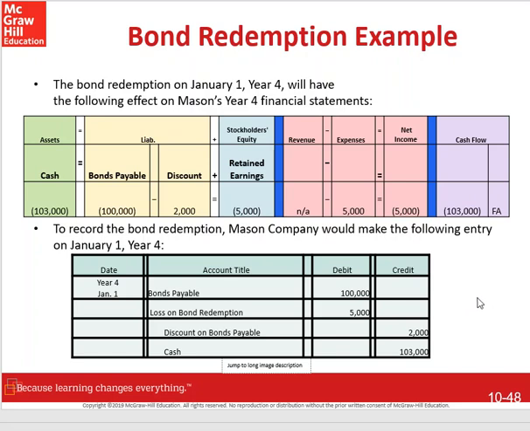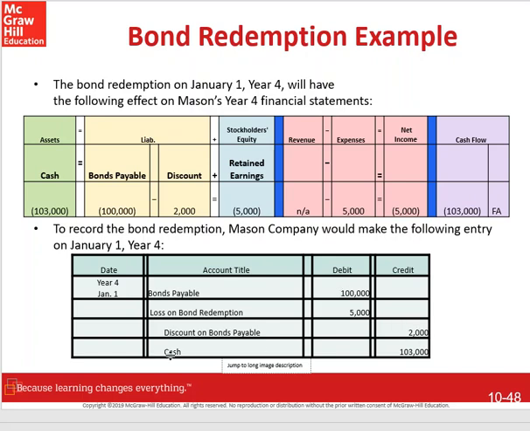Okay, so what do we get? Nothing. What do we get rid of? Well, we get rid of the bonds payable debt, which is $100,000. So we're debiting that right off the books. And we also get rid of the remainder of the discount on bonds payable. So we credit discount on bonds payable. Remember, that was a contra liability account. So that's the $98,000 carrying value, $100,000 minus $2,000.